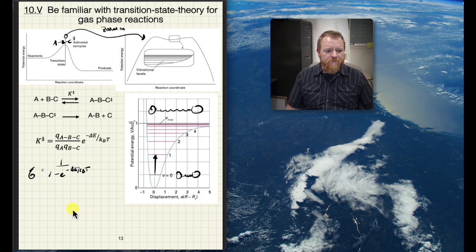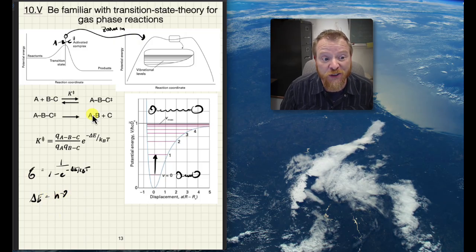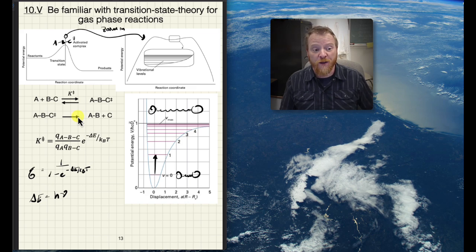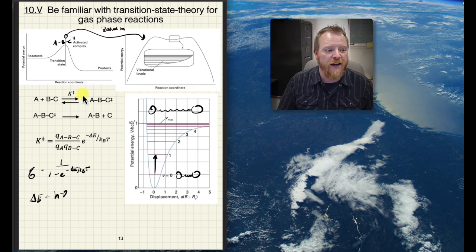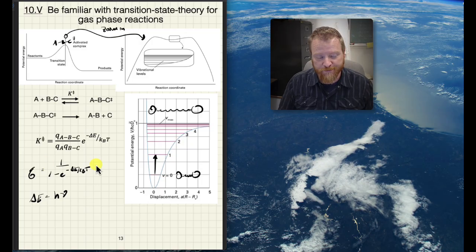Okay. And it's also important to note here that that energy is going to be equal to h nu, so the vibrational energy of our molecules. So again, those kind of vibrations really make a difference in how we think about this whole situation.